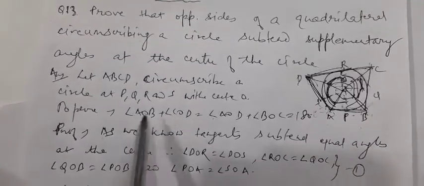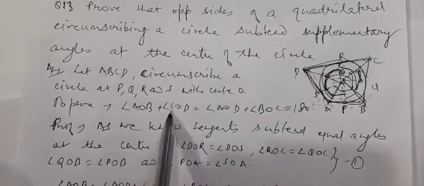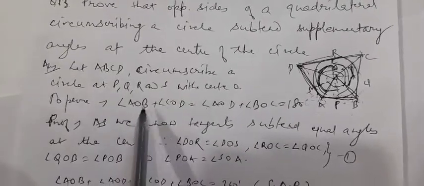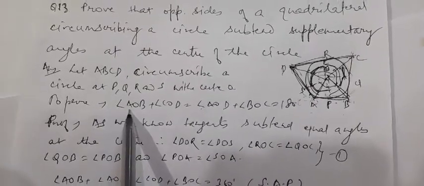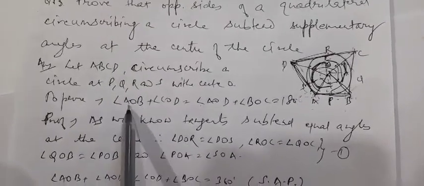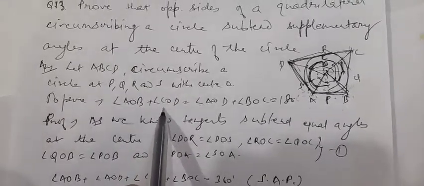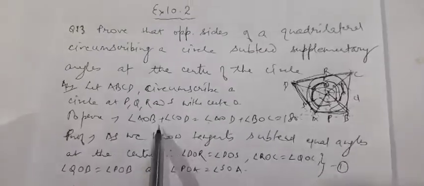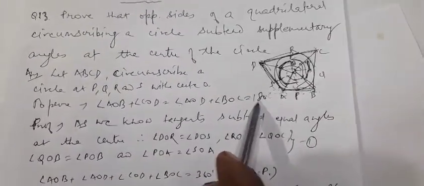we have to prove that angle AOB plus angle COD, these are the angles subtended at the center by the opposite sides. Angle AOB is subtended by side AB and angle COD is subtended by side CD at the center. So the sum of angle AOB and angle COD will be equal to 180 degrees.